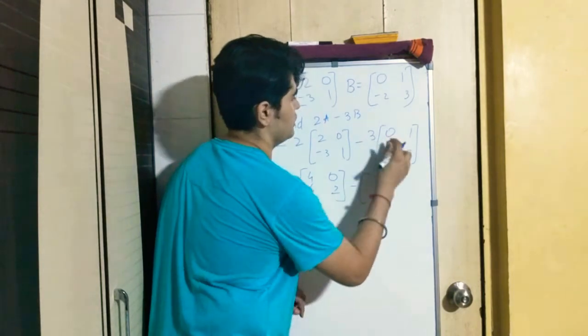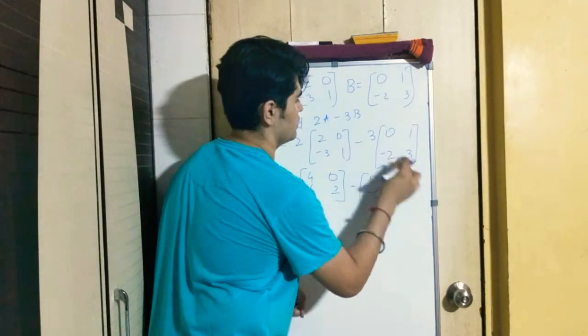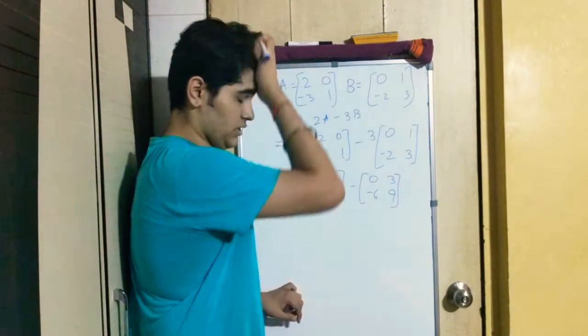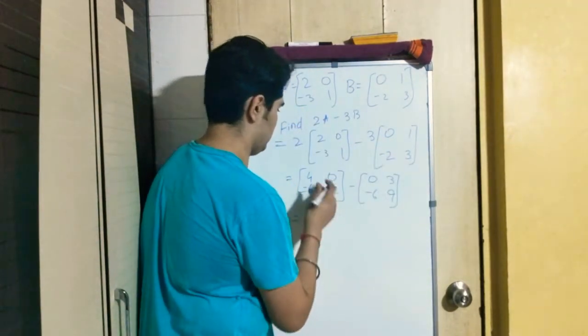Minus 3 zeros are 0, 3 ones are 3, 3 minus 2s are minus 6, 3 3s are 9. You don't multiply the sign inside, otherwise this will become plus 6 and so on.